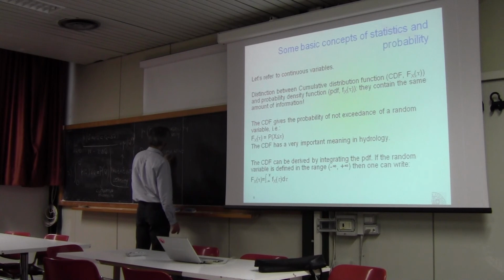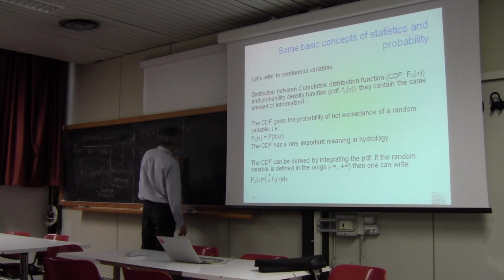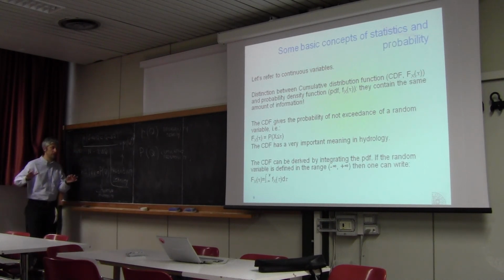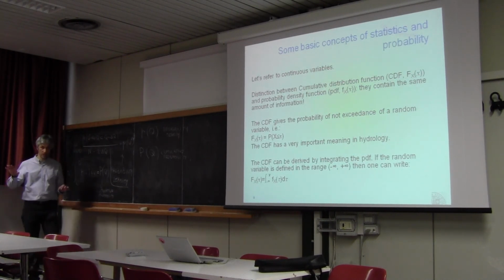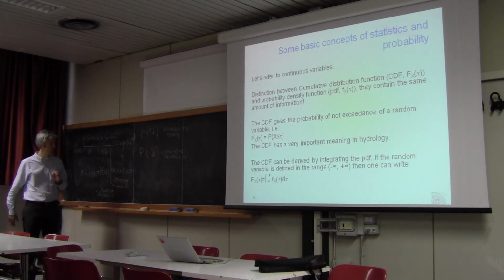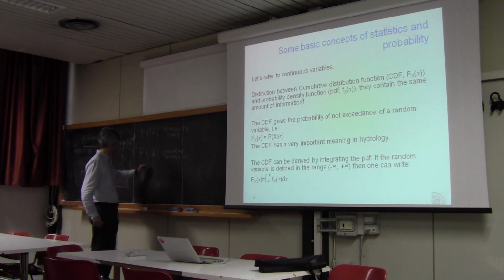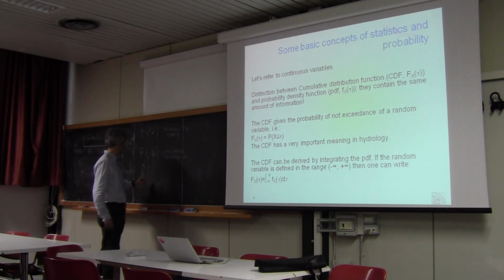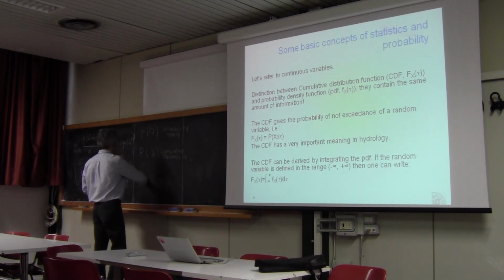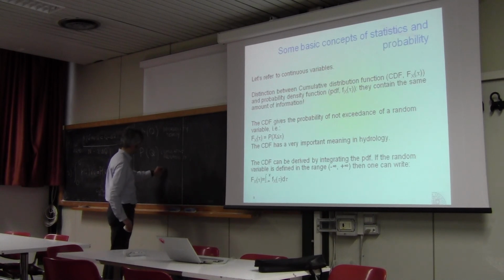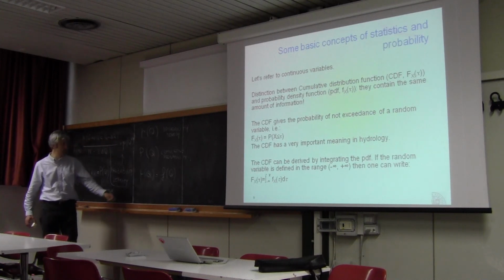How can we do that? Then there is a solution in engineering, which is to estimate a function f equal f of q. So to define a function of q which expresses the probability.